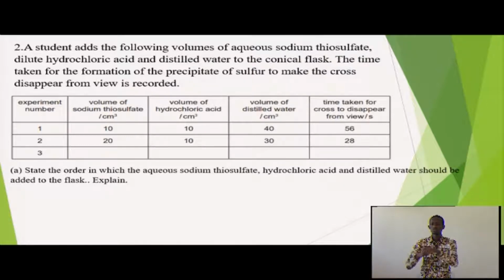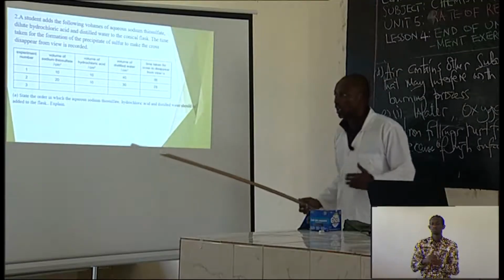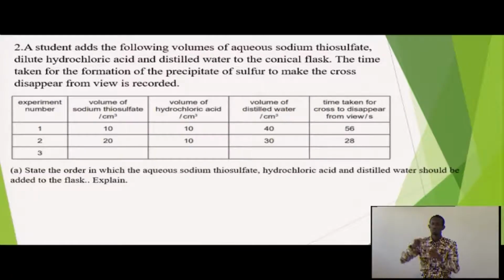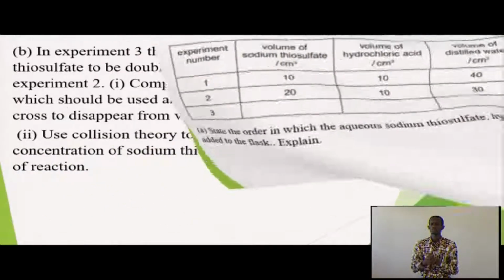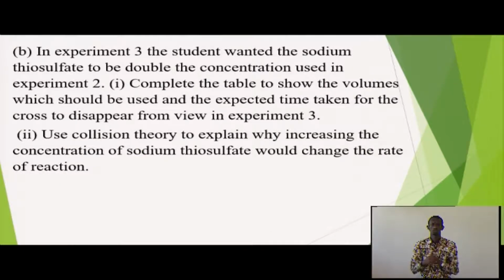State the order in which the aqueous sodium thiosulfate, hydrochloric acid, and distilled water should be added to the flask, and then explain that. So the last one, this is part B. So you can also take note of that one.